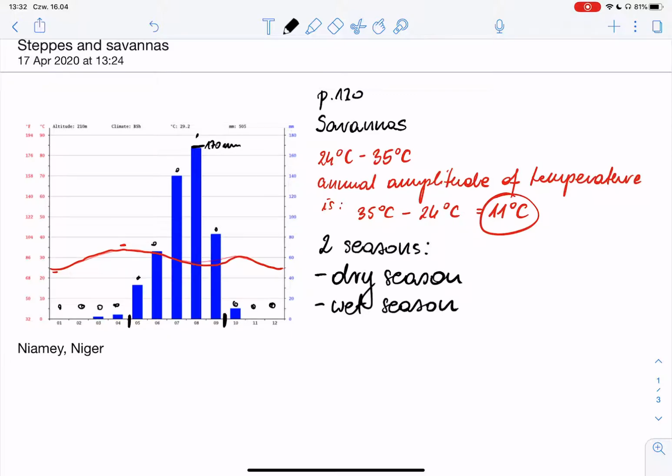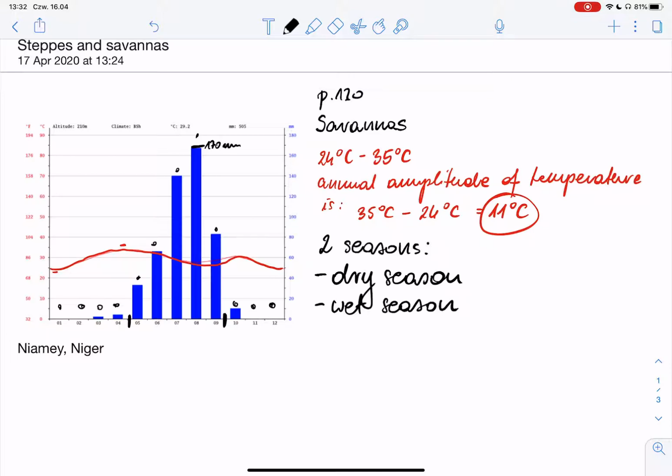The fact that we have two seasons will mean that all the plants and all the animals have to adapt to those circumstances. The annual precipitation sum actually varies from 200 millimeters per year around deserts. So when you take a look at this map on page 120, you can see that the north line of savannas in Africa is neighboring with Sahara Desert.